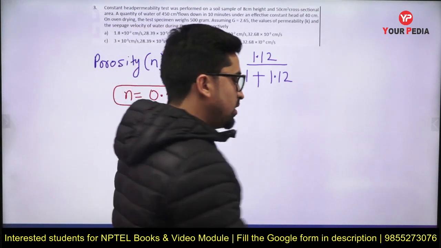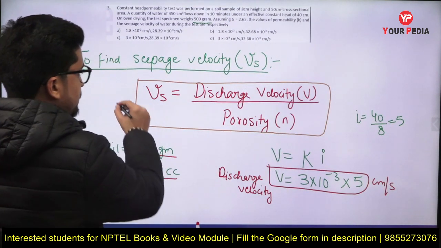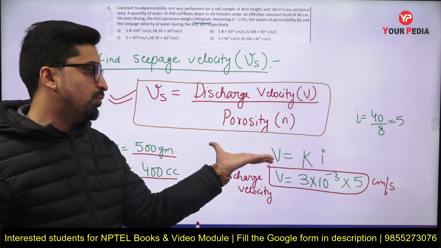So now we have the porosity value as well, right? So now we can use that relation which we have just developed in the previous slide, which was Vs, or the seepage velocity, is equal to discharge velocity upon porosity.